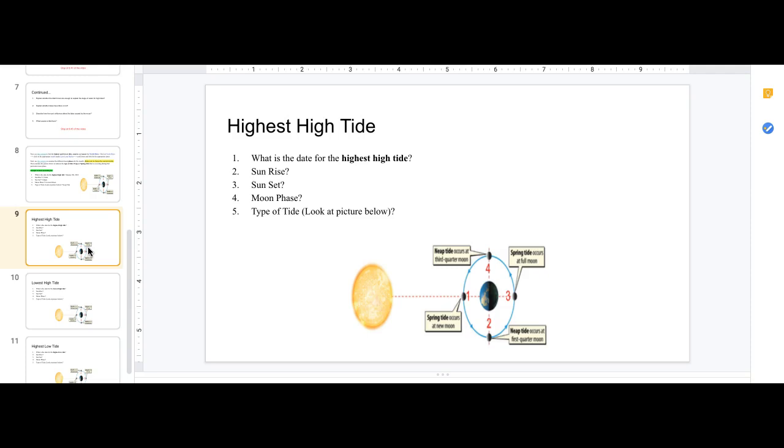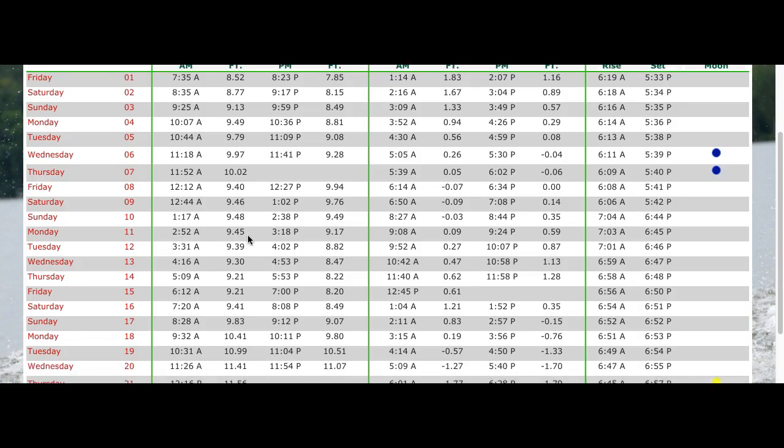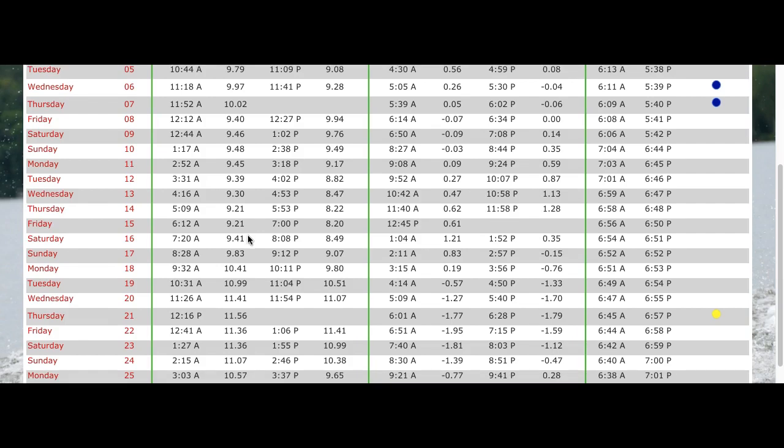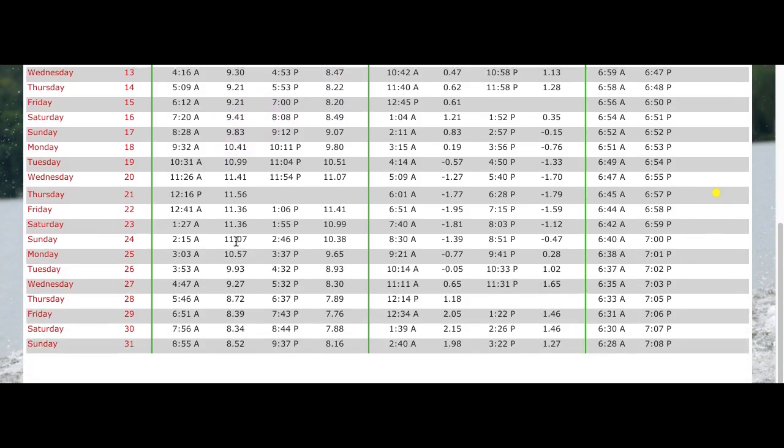What is the date for the highest high tide? So for this, you're going to be looking at the feet and under high for high tides. And you're going to be looking for the largest number. So if we scroll down the page, we're going to be looking at both AM and PM times. We're looking for the highest number.